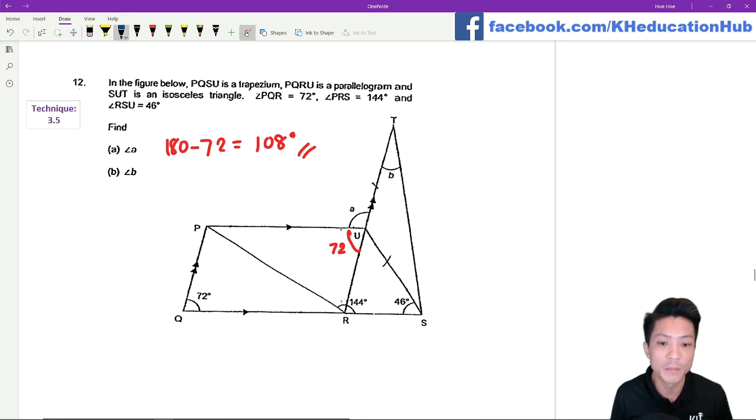For part B, since we know that this is 108, we also know that this is 72. Now we can find this angle over here. It's basically 72 plus 46.